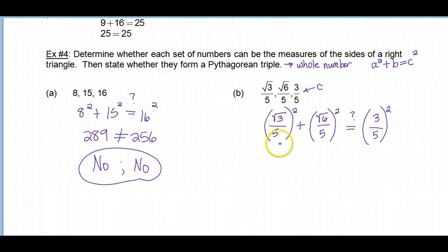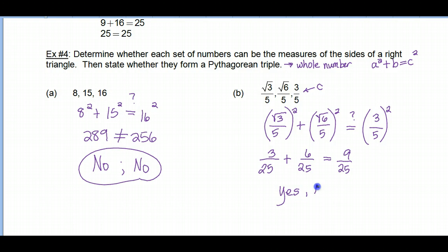So this one will just be 3, but the bottom will be 25. And then the next one, the square root of 6 squared would be 6, but 5 is not under the radical, so we square it. And then here, neither the numerator nor the denominator are under a radical, so we square both of them. So we get 9 over 25. So yes.